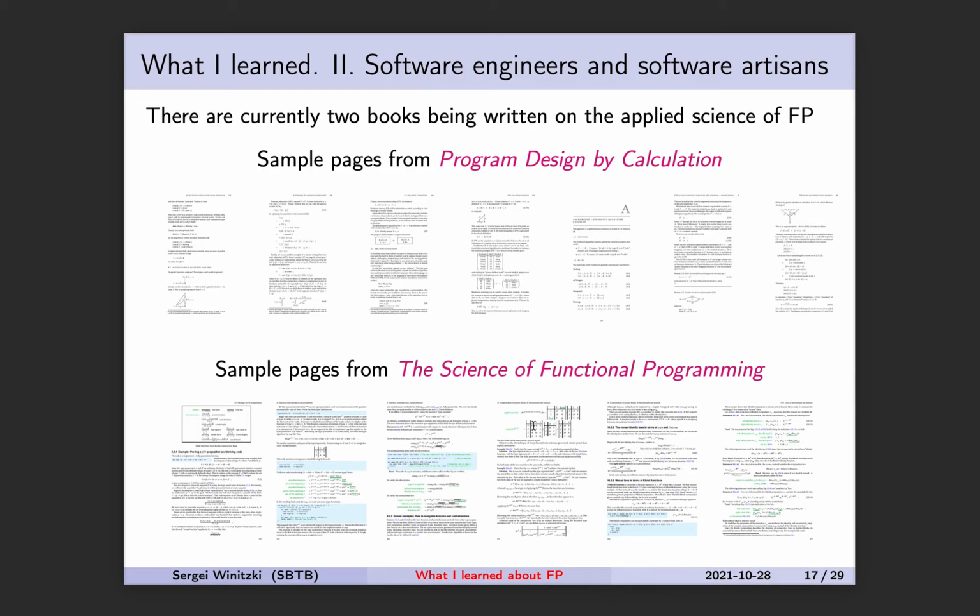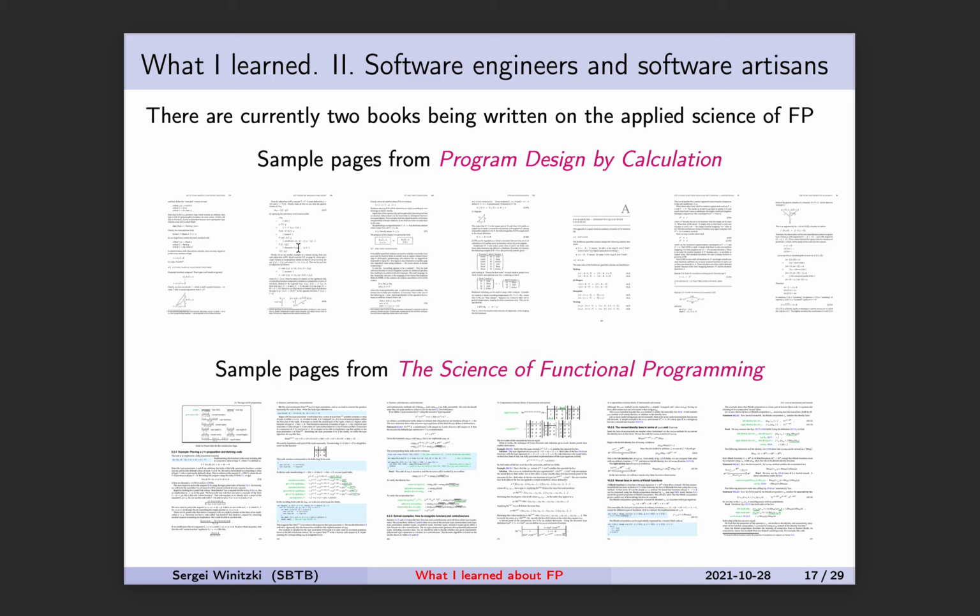There are 2 books right now being written. My book is one, and there's another book by Oliveira, Program Design by Calculation. Those are the books that pursue this idea of applied science of functional programming. And they look similar.